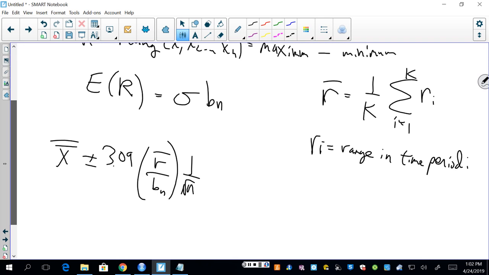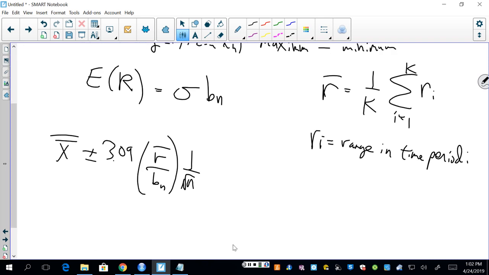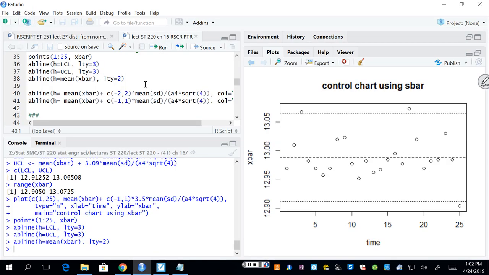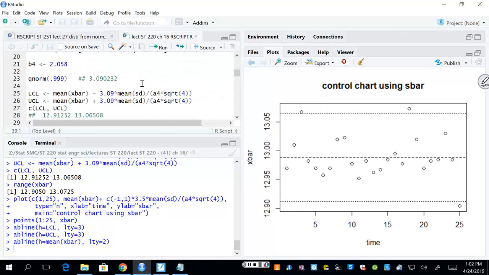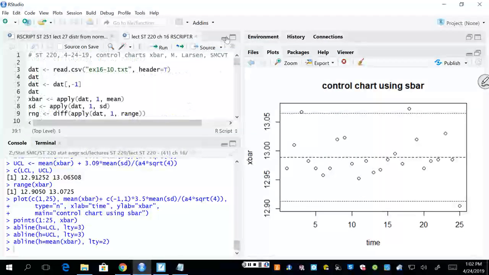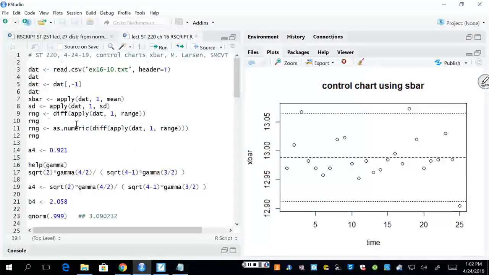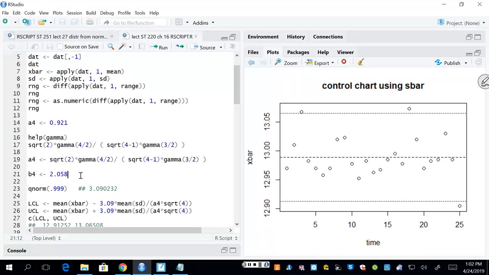So that's kind of one side. There are other ways of possibly getting at that standard deviation. In this case, I calculated the ranges of all those time periods. The divisor there, described in the book, is about 2.